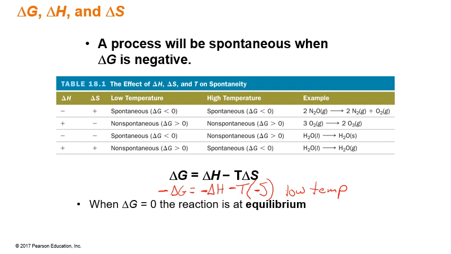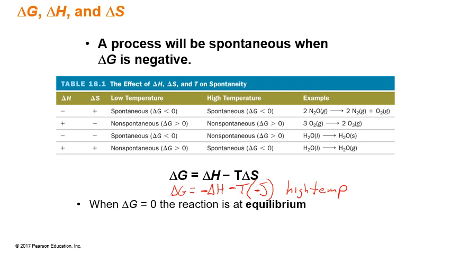How about if we have a high temperature? Well, high temperature means that the value of the temperature times the entropy is going to be large. It's going to be bigger than our delta H. And because the negative and the negative becomes positive, at high temperatures we have a positive delta G and it's non-spontaneous.